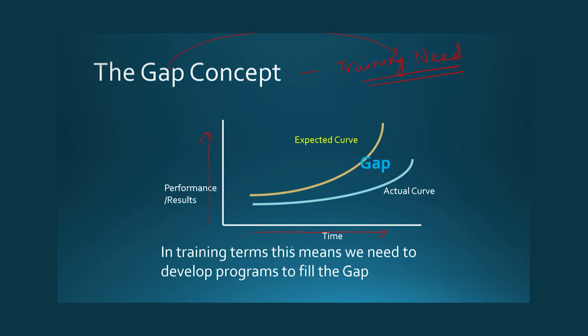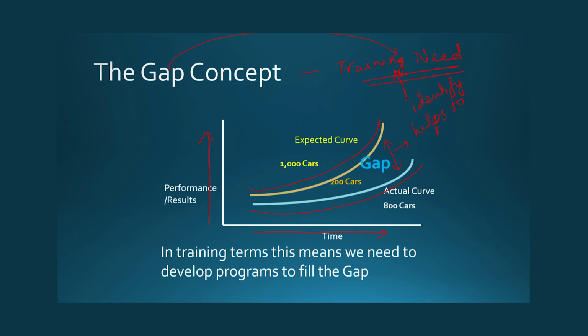We see that the expected timeline and performance graph is this, while the actual timeline and performance curve is different. So there is a gap between the two. This gap helps to identify the training need.